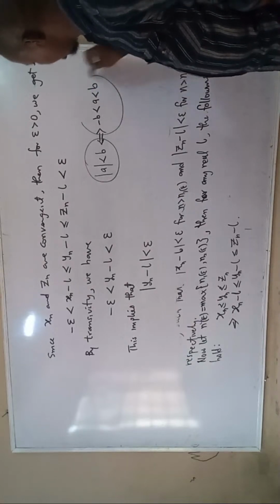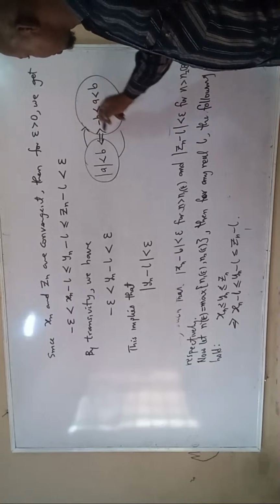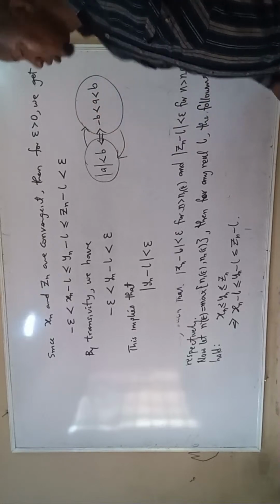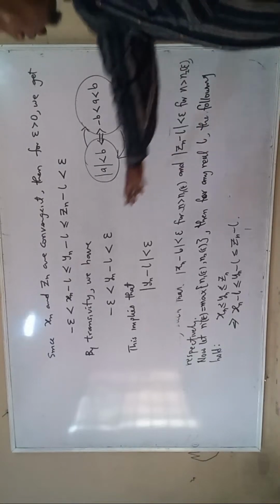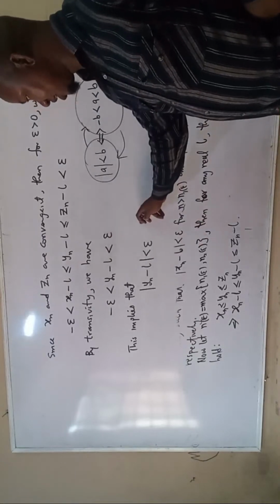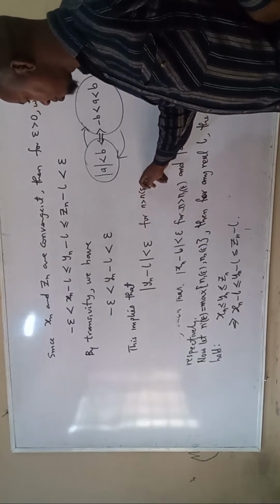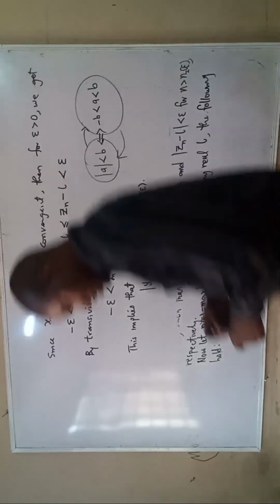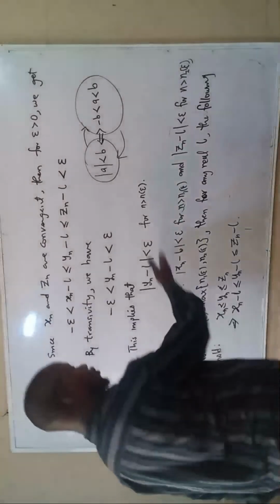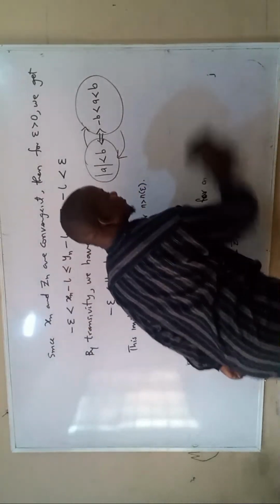So this relation is true, and that is exactly what we use. This holds for n greater than n of epsilon. Hence, this relation means that the sequence yn is convergent.